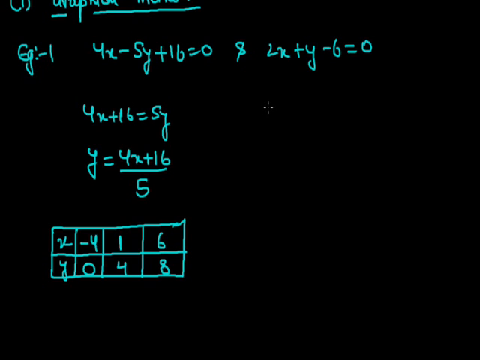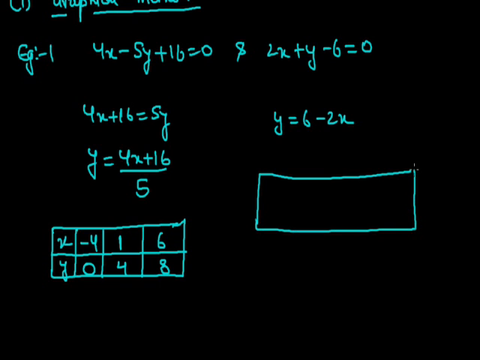In the same way, for the second equation, I can either represent x in terms of y or y in terms of x. So if I take it as y is equal to 6 minus 2x, I can keep the value of x, and in the same way I will get the values of y.